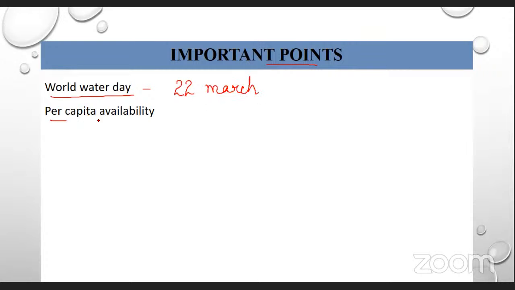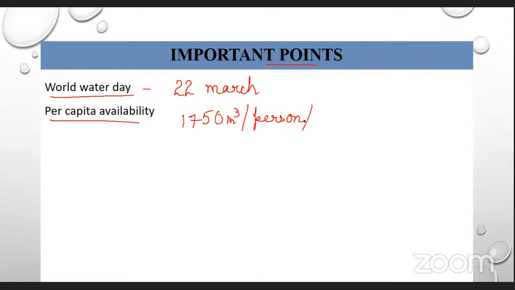Per capita availability of water in India is usually only 1750 meter cube per person per year. So this you have to learn: how much per capita availability a person in India usually has.